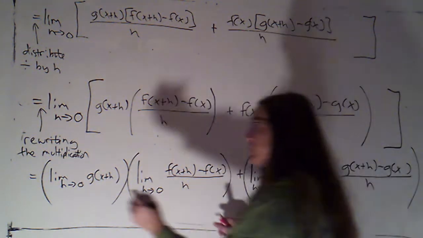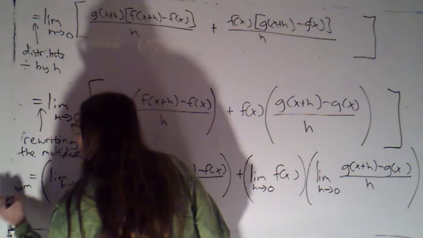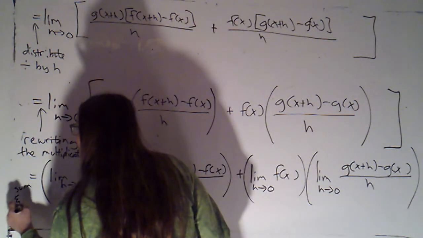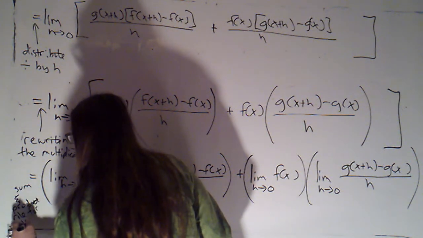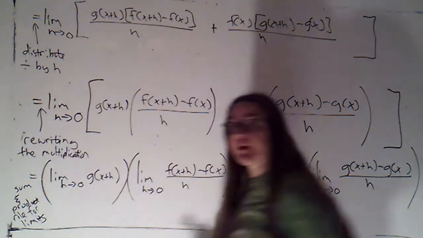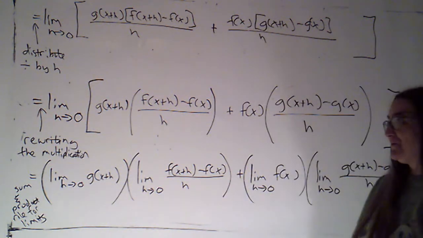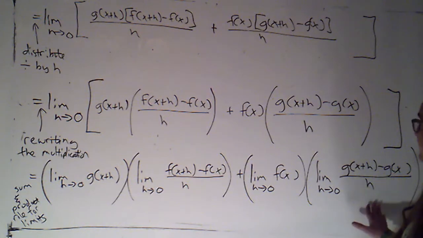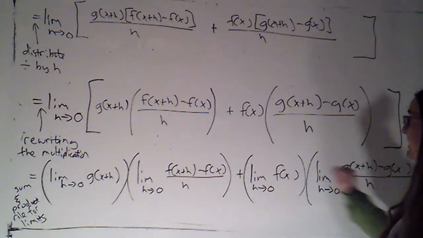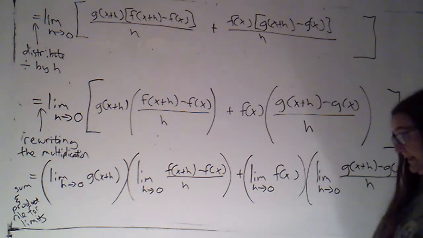Now what I just used there was the sum and the product rule for limits. So I used two of my arithmetic rules for limits. Fabulous. So now all I have left to do is evaluate these four limits.